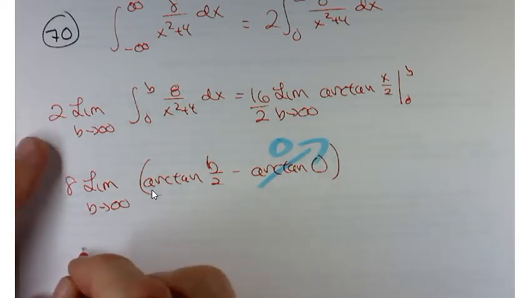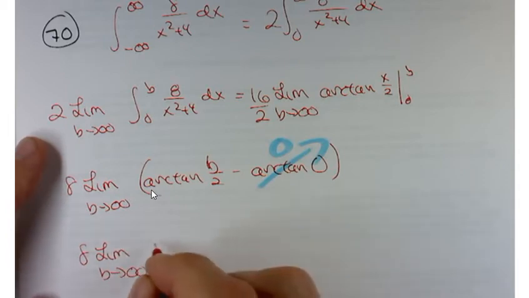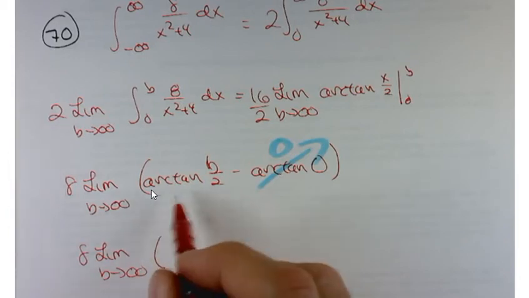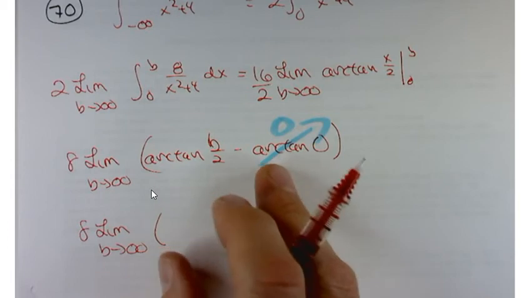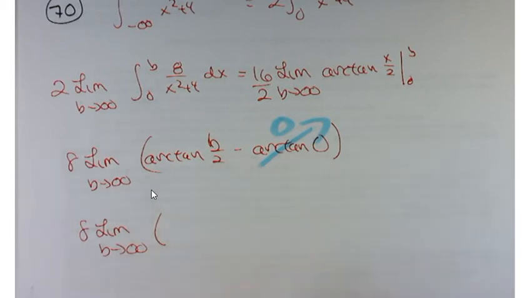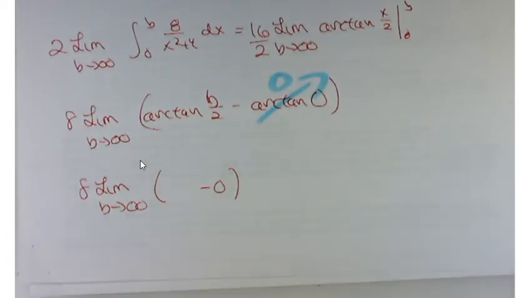We want to know 8 times the limit as b approaches infinity of the arctan of infinity. What angle has an infinite tangent? What angle? Where do you find an angle whose tangent approaches infinity?